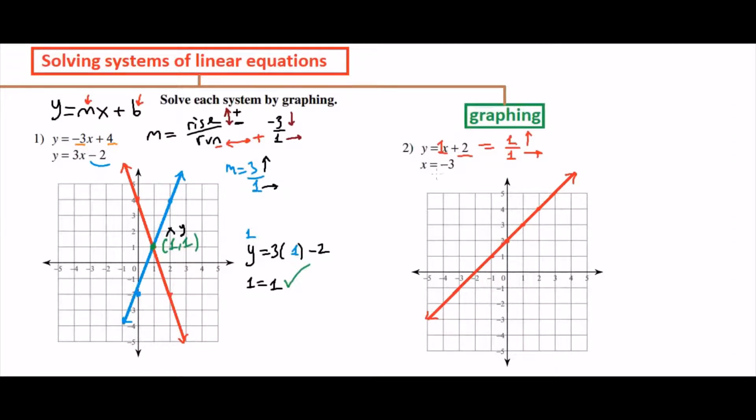This time we're going to graph x equals negative 3. x equals some number is a vertical line. So x equals negative 3 is here, and our intersection point is (-3, -1).